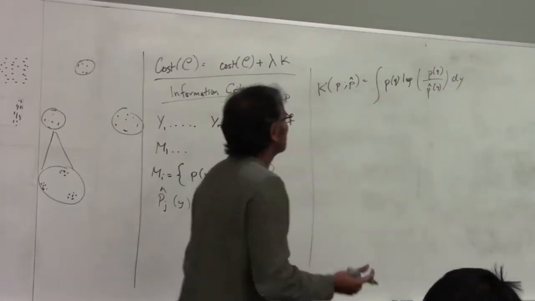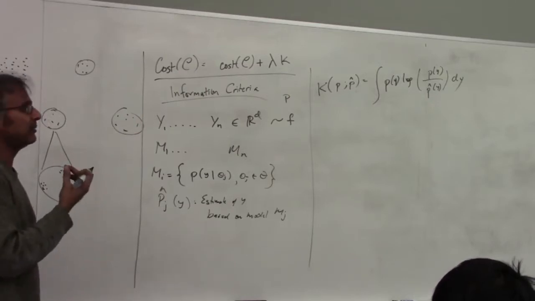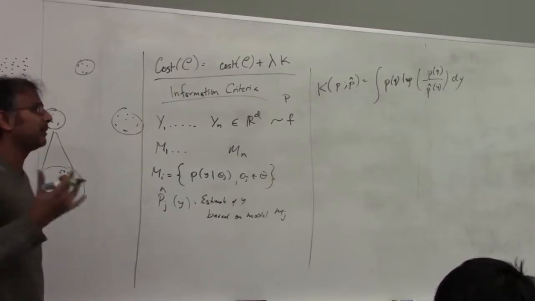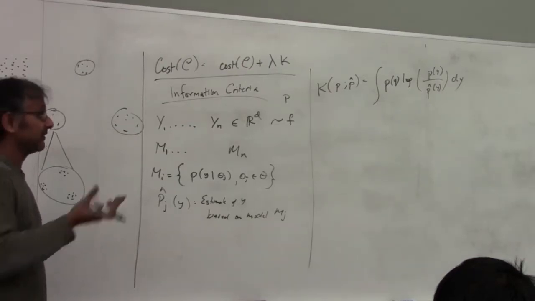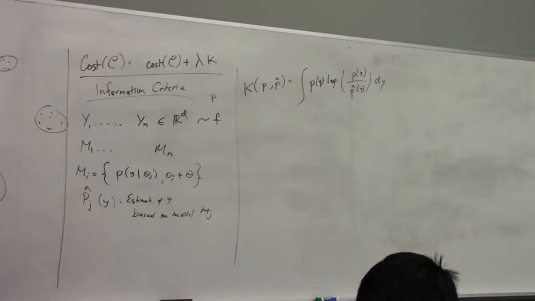Okay. So again, if you haven't seen this form before, this is just a standard way to measure a distance of a kind between two distributions. Okay. If they're identical, this will be 0. And it's always positive, although it's not symmetric. Essentially, maximizing log likelihood is like minimizing the KL divergence.